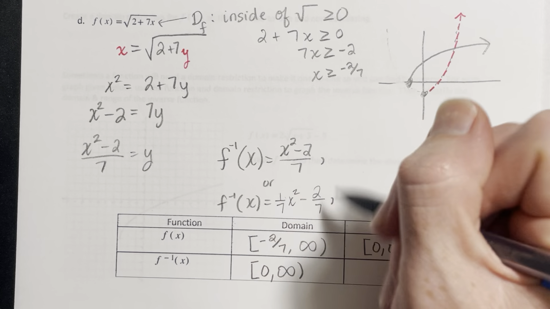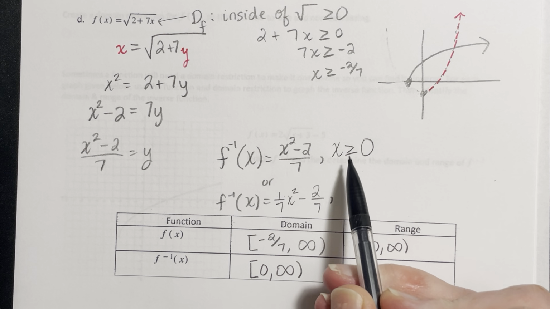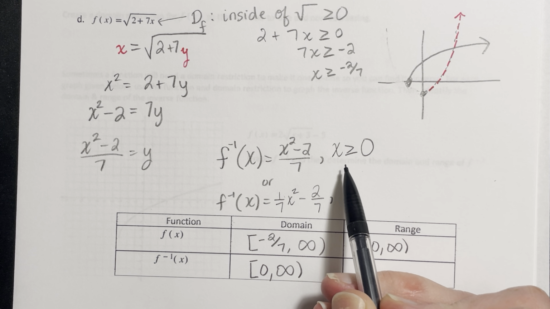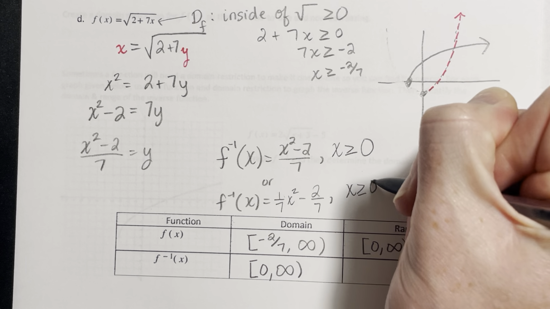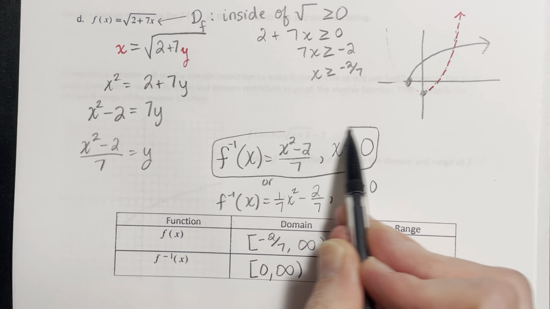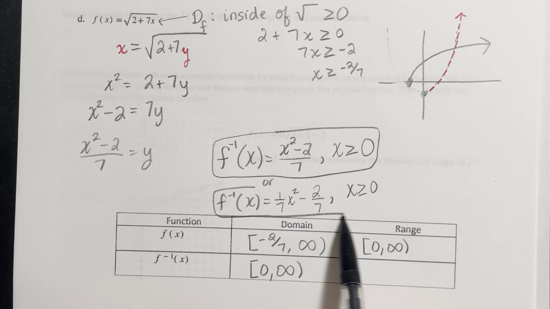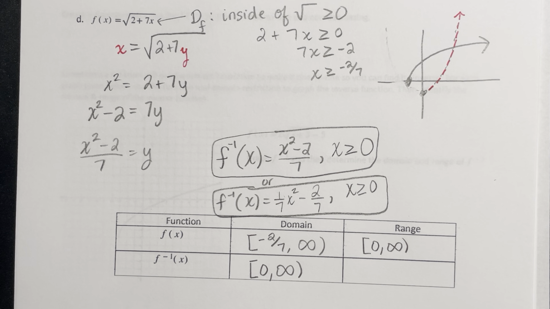So this inverse function needs to have that domain restriction saying, yes, this is the inverse function, x squared minus 2/7, but only as long as x is greater than or equal to 0. So you could write it as x squared minus 2/7 as long as x is greater than or equal to 0, or 1/7 x squared minus 2/7 as long as x is greater than or equal to 0.